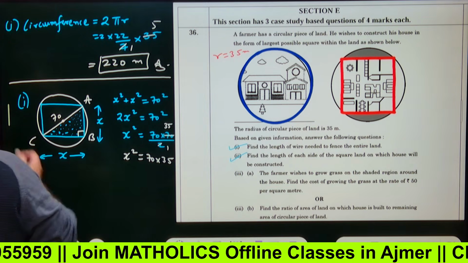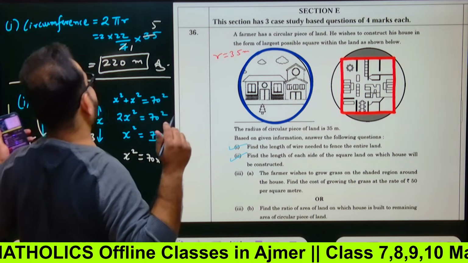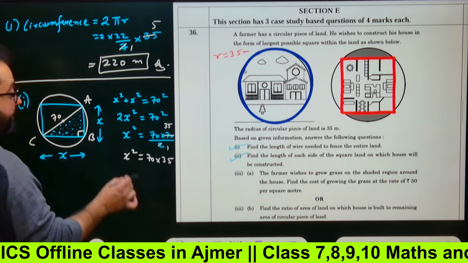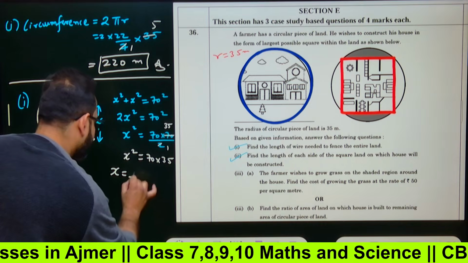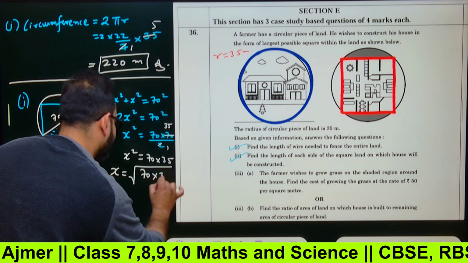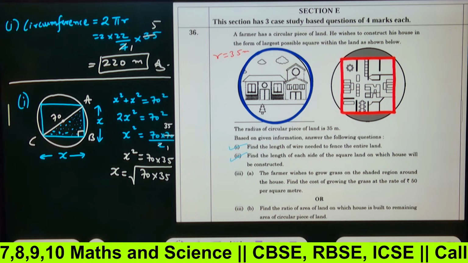Okay. Now see. So x square equals 70 into 35. So x will be under root of 70 into 35. Yes or no?